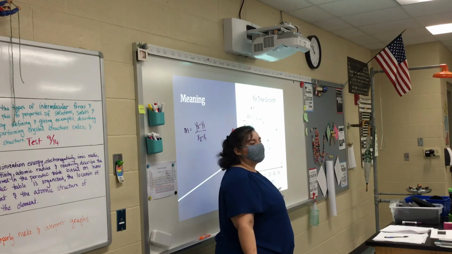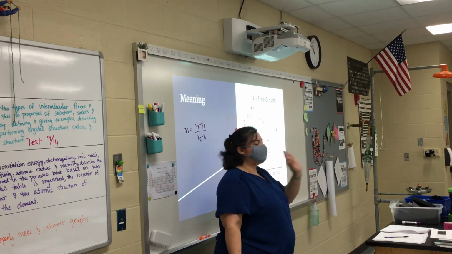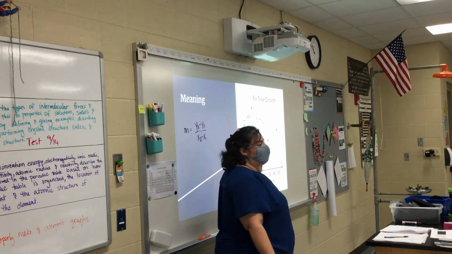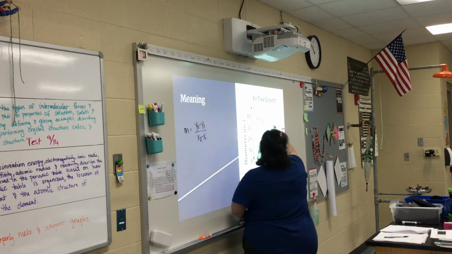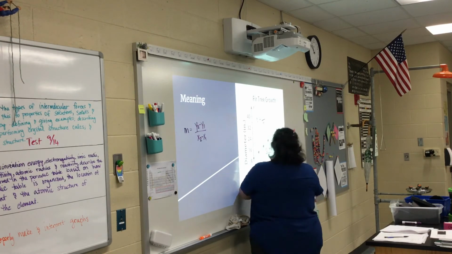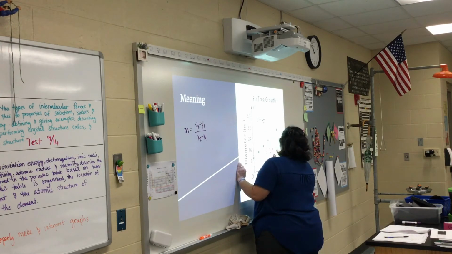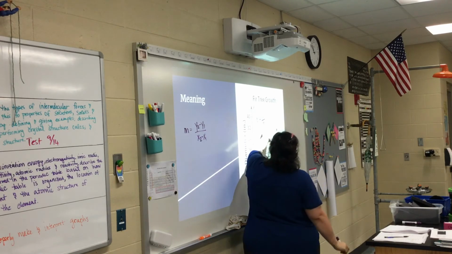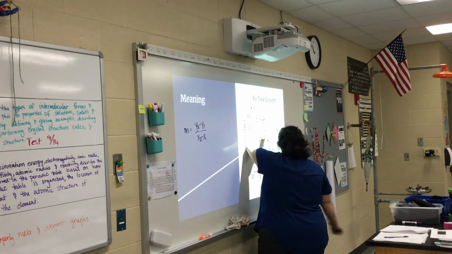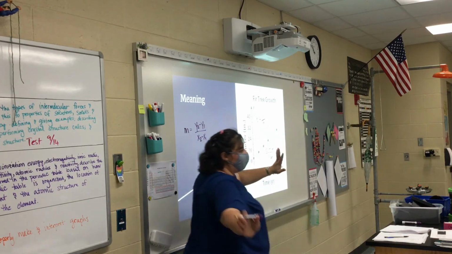I just made it into a fraction to make the interpretation a little bit easier, to make it more obvious what you're seeing. And my units are a fraction as well. So I'm going to put the unit in my numerator with the number in my numerator, and the unit in the denominator with my number in the denominator. Any questions about what I just did?